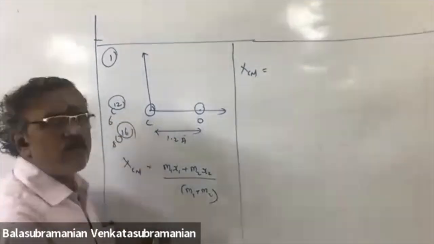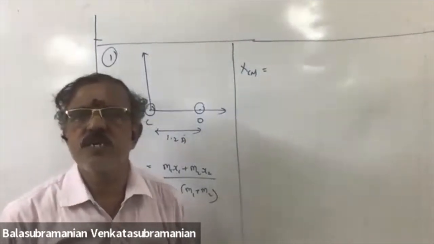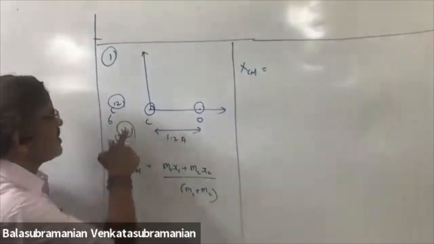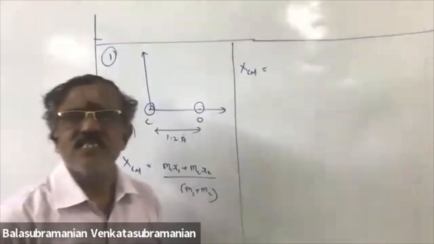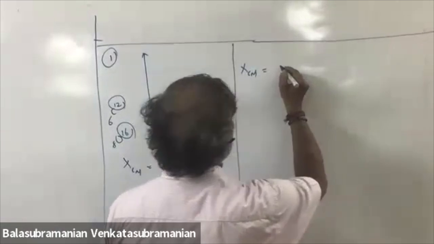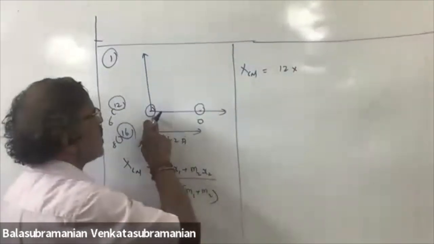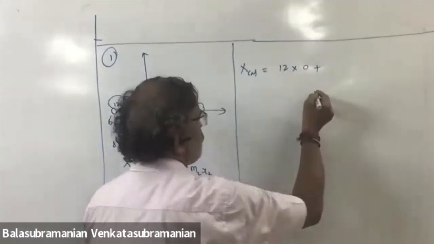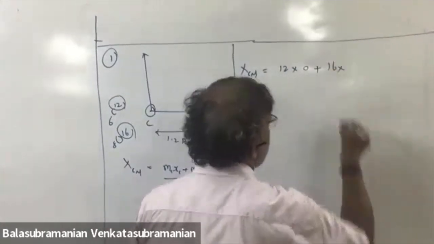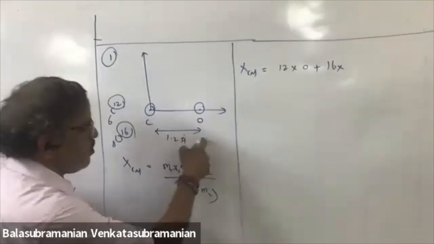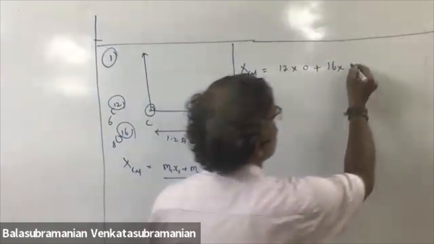In terms of atomic mass unit, we are representing the mass as 12 AMU and 16 AMU. So I can write 12 into 0, since it is at the origin, plus 16 into the distance x2, which is nothing but 1.2 Angstrom unit.